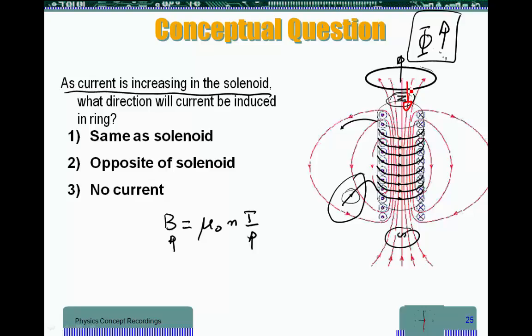So for them to go into the loop, it should point this way. So my current is going in the clockwise direction here. And thinking about the poles due to the ring, if the magnetic field is pointing down, that means I'm going to have a north pole in the bottom and a south pole on the top. That's due to the induced current.